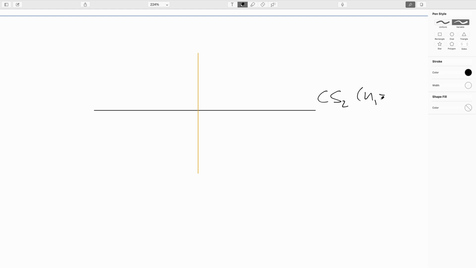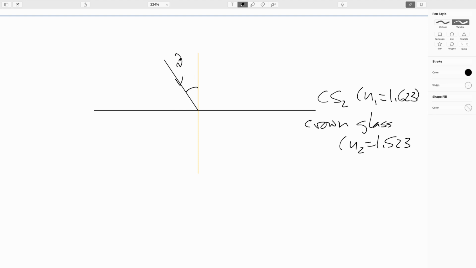It has an index of 1.623, and then again we'll say that this is crown glass with an index of 1.523. So again, let's say that we come in at that same 30-degree angle.